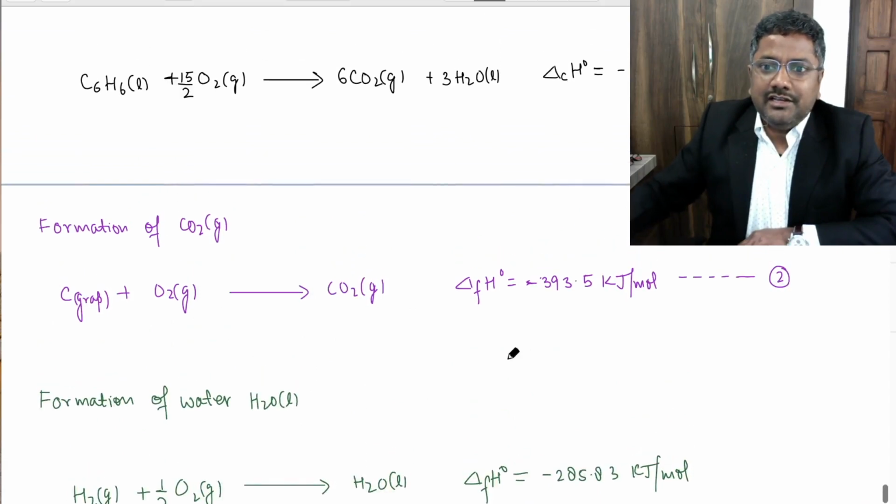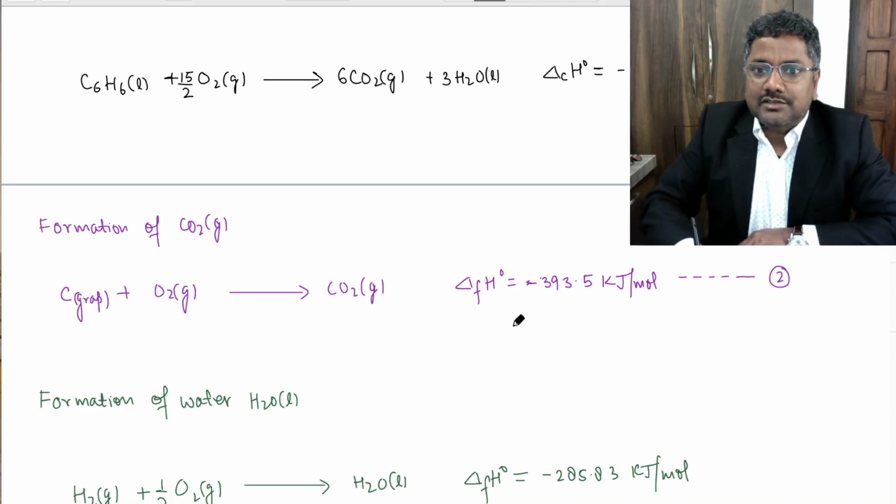Now see here also, this is the formation of carbon dioxide, so this is equal to the combustion of carbon graphite.